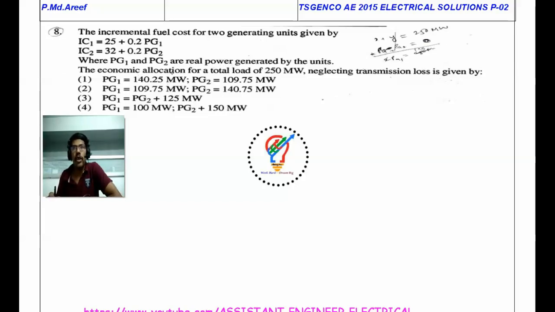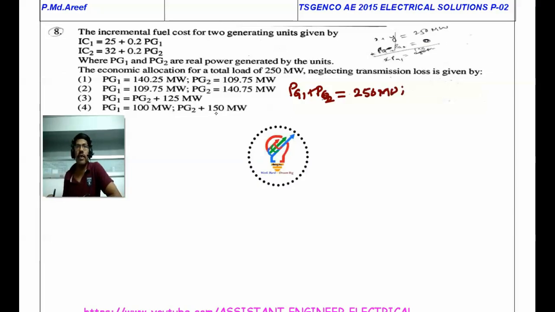The economic allocation for the total load of 250 megawatts, neglecting the transmission losses, is given by. For economic allocation the incremental fuel cost of the two generating stations should be the same.